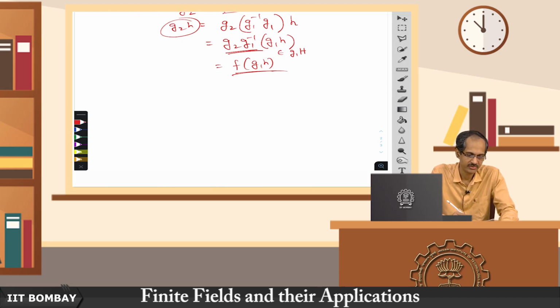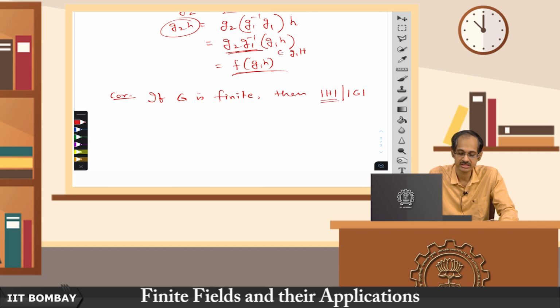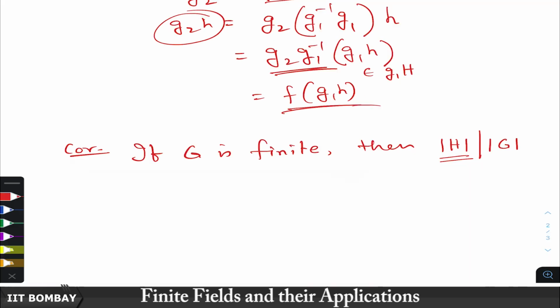Okay. So, in the case of finite groups, what it means is that if G is finite, then the order of H, the cardinality of H, the number of elements in H, divides the cardinality of G, because the left cosets of H have the same number of elements as H itself, and all the left cosets partition G. So, G can be partitioned into subsets of equal size, which is equal to this, right.